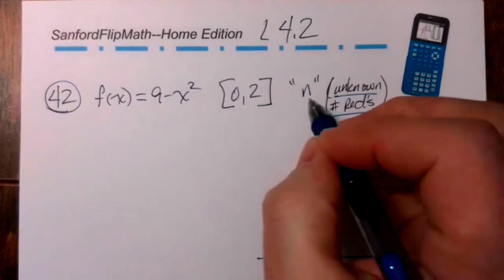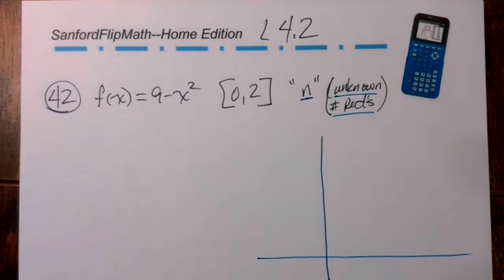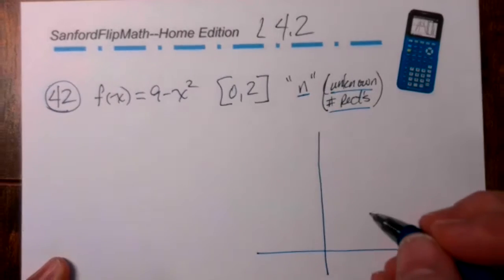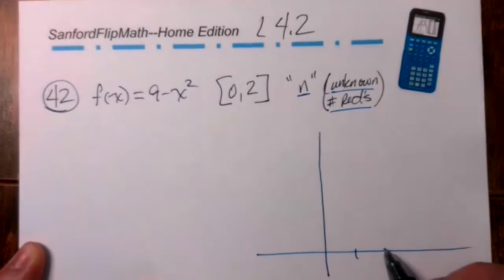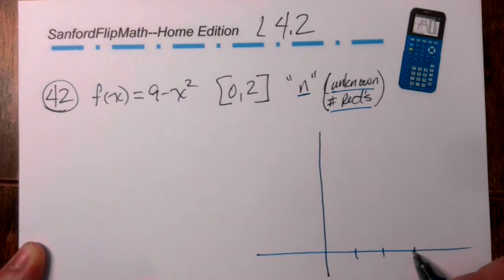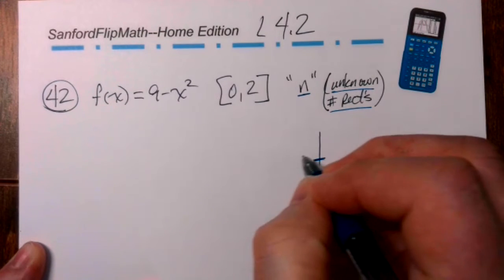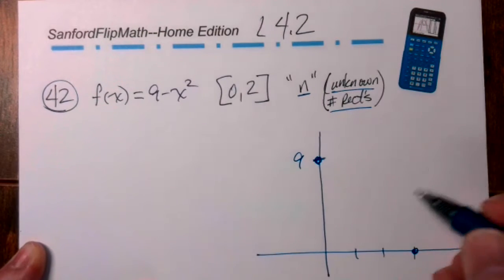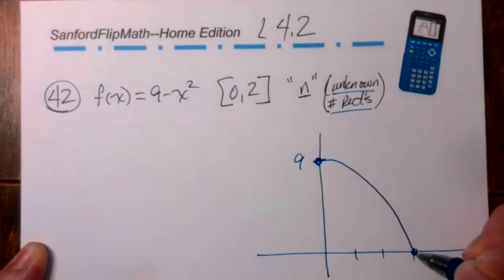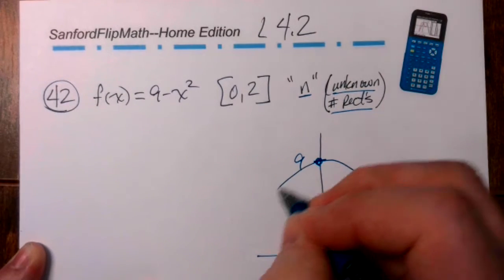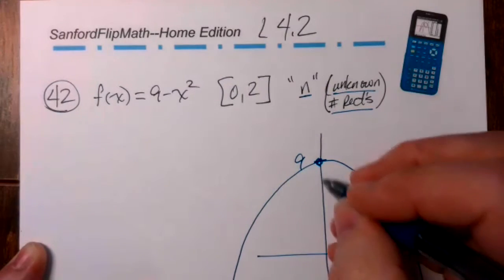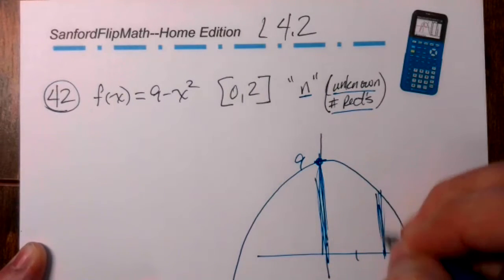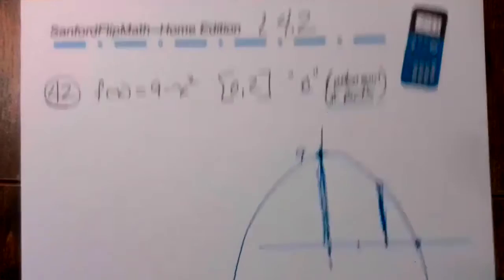The problem is that they're telling us an unknown number of rectangles, which is going to be a little bit annoying. 9 minus x squared from 0 to 2. So here's 0 to 2. 9 minus x squared goes up to 9 and does a lovely parabola like this. But again, we're just going from 0 to 2. Okay, so we're going from there to there.